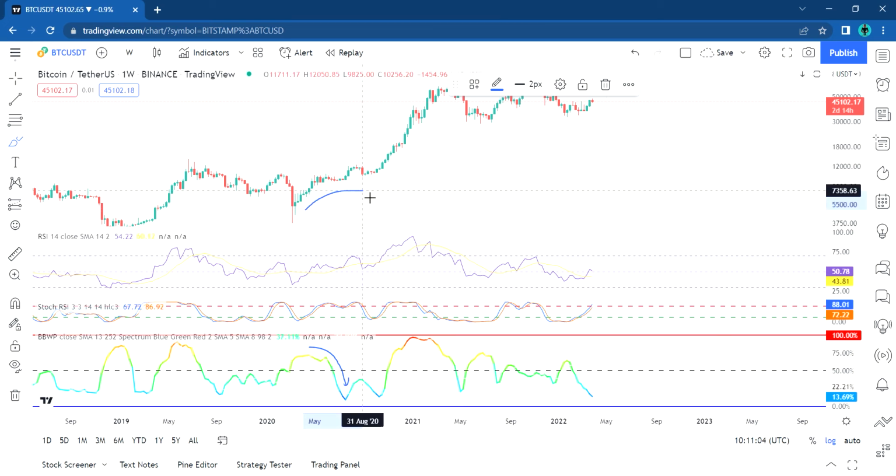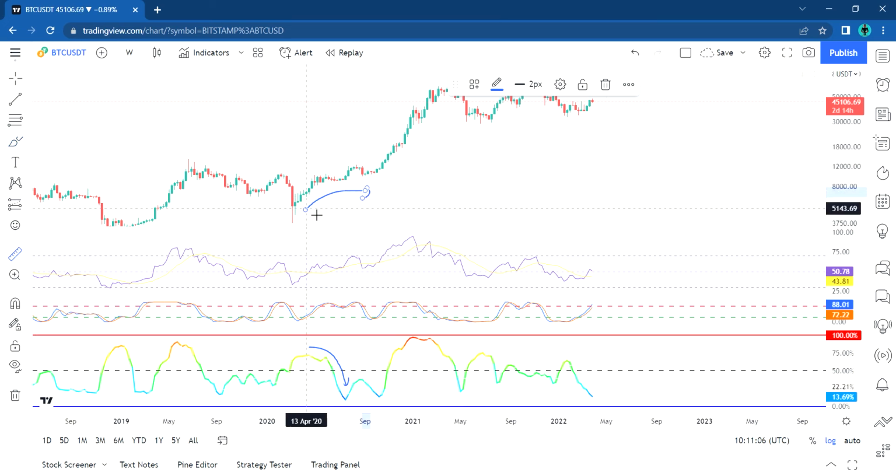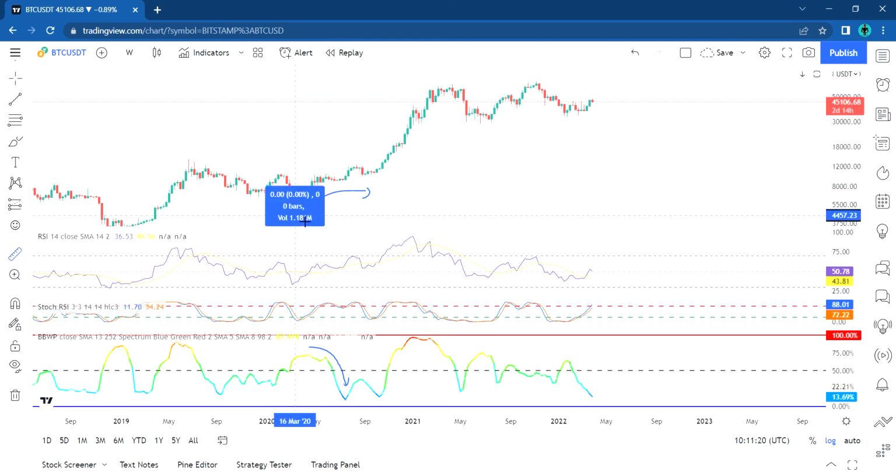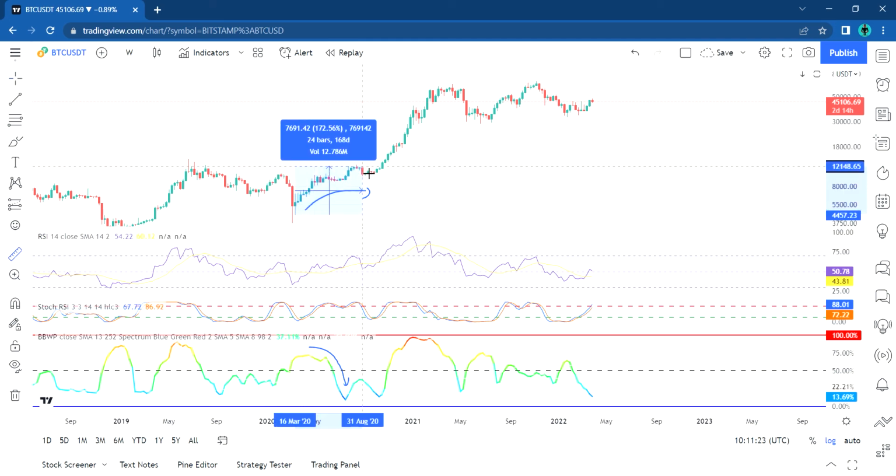It's very slow. You can see here that it actually took about, let me see into the bottom, until here, about 126 days just to get the price to move 170%. So that's a very long time.